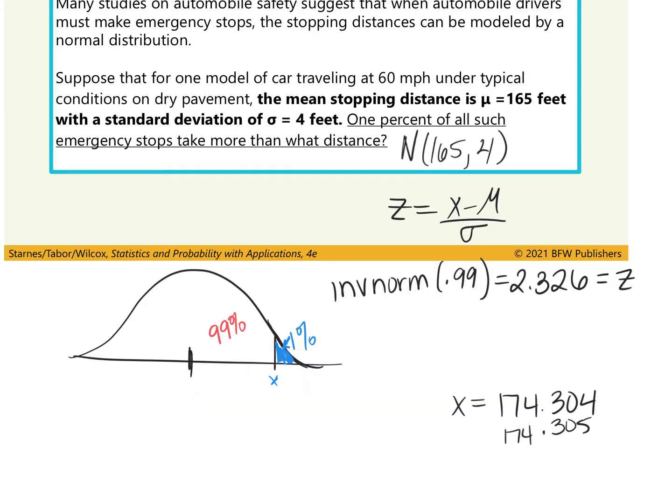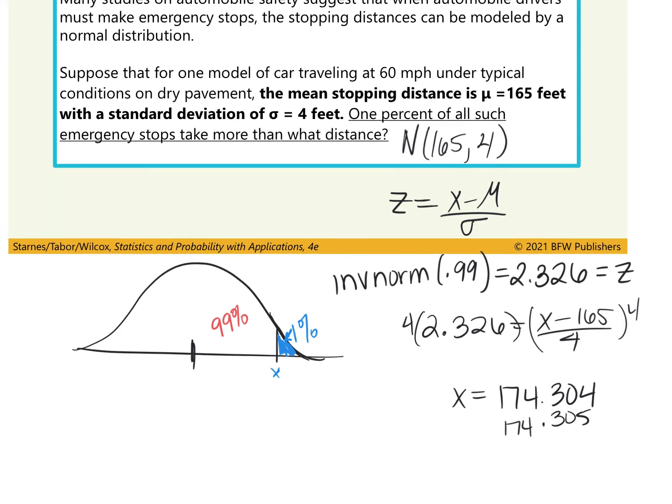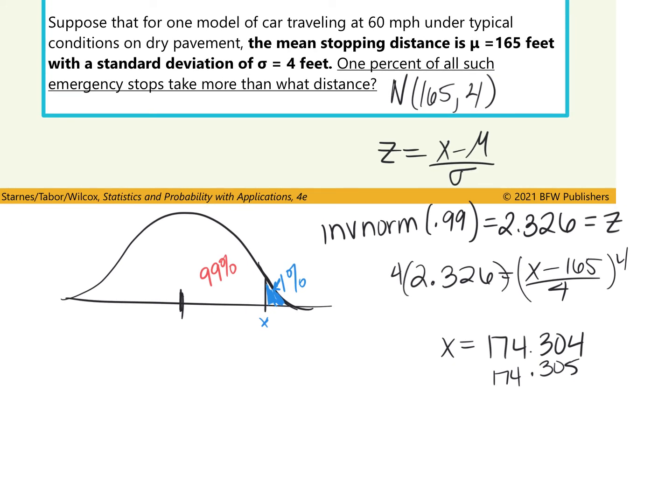Okay, so our equation should look like this: 2.326 equals x minus 165 divided by 4. You can multiply by 4 and then add the 165, and x equals 174.304 or 174.305. If you kept it unrounded in your calculator, either one is okay.